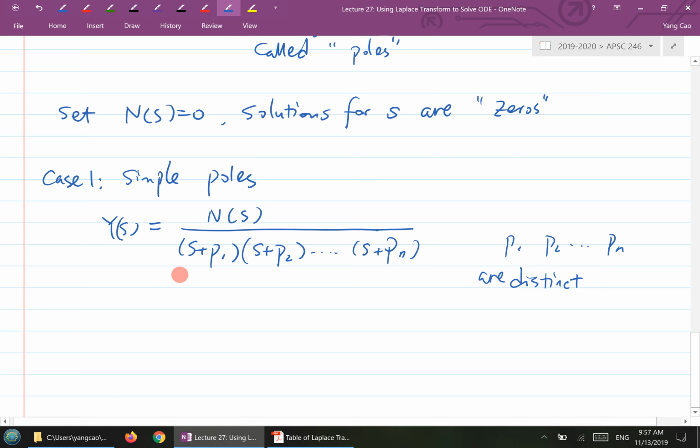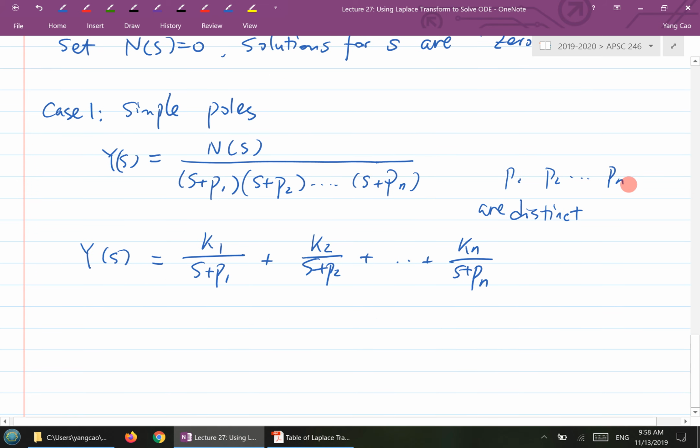Now if you have this kind of format for Y of s, you decompose it into the following terms: a constant divided by (s plus p1), another constant divided by (s plus p2), and up to the last term. So you can decompose your Y of s into all of these simple formats.